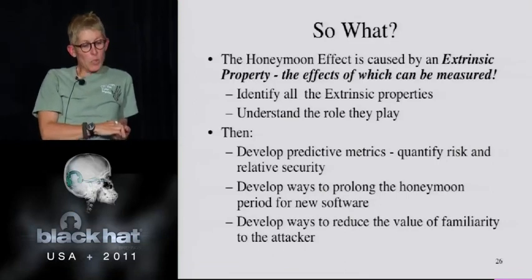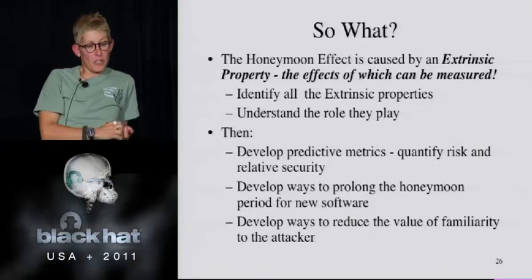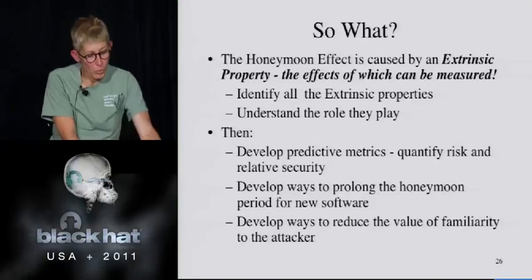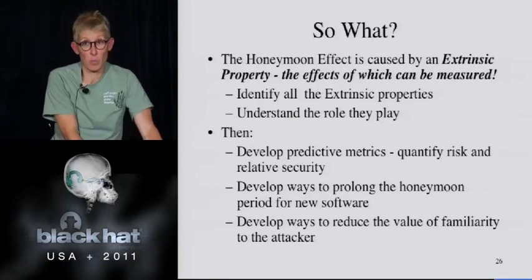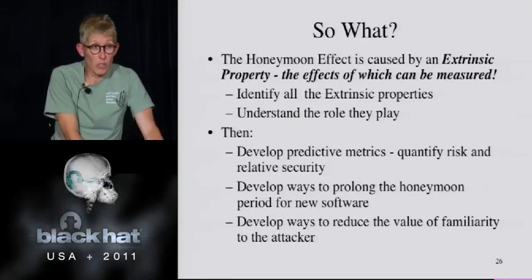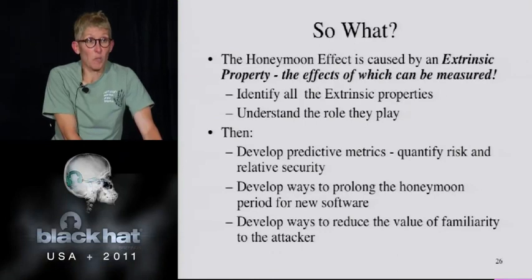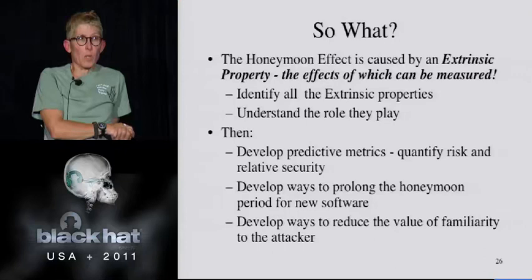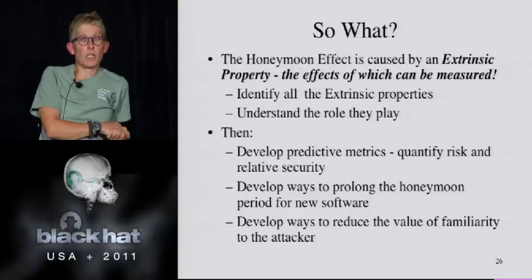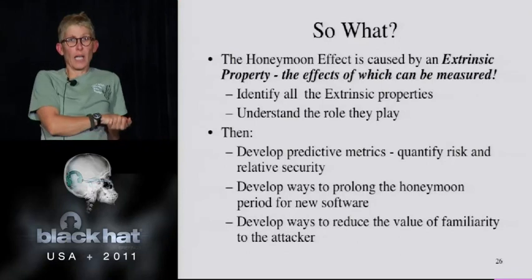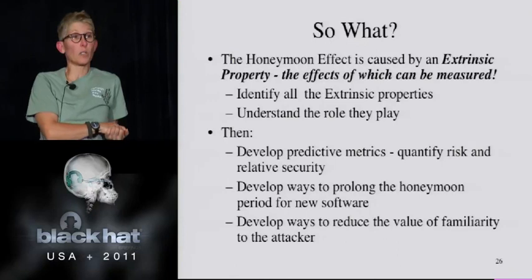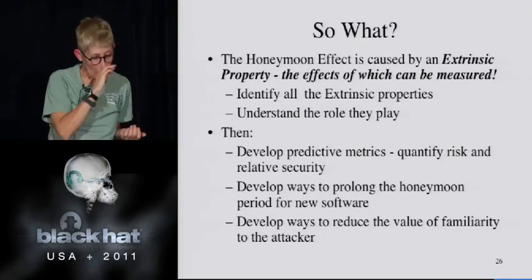So what we have to do is decrease the value of familiarity to the attacker. The old code never goes away. It's much too expensive not to reuse, but it really matters to the honeymoon period. Windows 7, for example, didn't have a honeymoon. On the day it was officially released, I don't remember what labs, Sophos Labs, I think it was, grabbed the first 8 or 10 vulnerabilities they had in their honeypot, and they were for Windows Vista, and tried them out on Windows 7, and they all worked, and it was all because of code reuse.